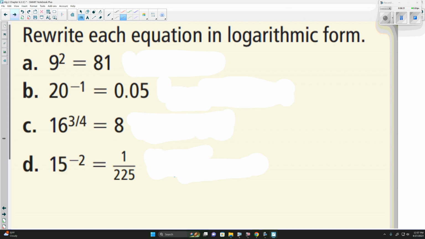And let's look at these last three here. So the first one, 9 squared equals 81. So log base 9 of 81 is equal to, okay. 20 to the -1 equals 0.05. 16 to the 3/4 equals 8.